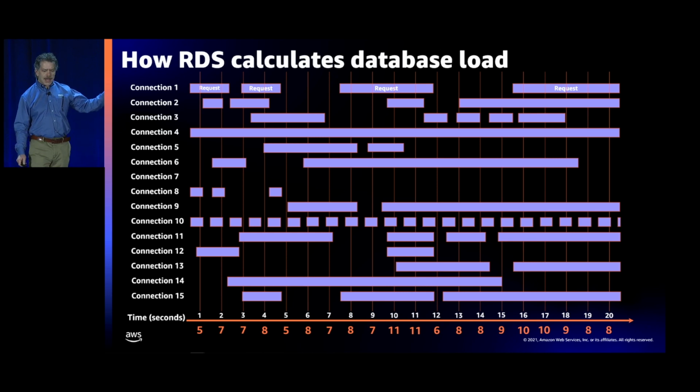You can see that that actually creates our database load metric, the metric which we've been talking about. So the database load creates a time series out of active sessions in your database. It's just a simple count, and that's database load in its most basic form.